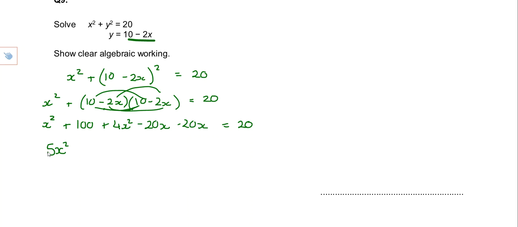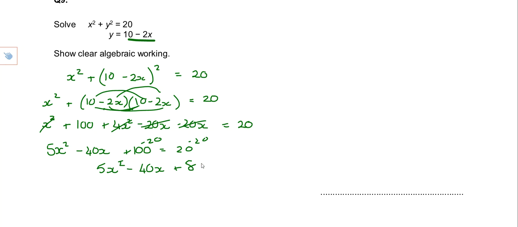So it's a 5x squared, that one and that one. Then it's take 40x, it's that one and that one. Then plus 100 equals 20. So if we minus the 20, we get 5x squared minus 40x plus 80 equals 0.